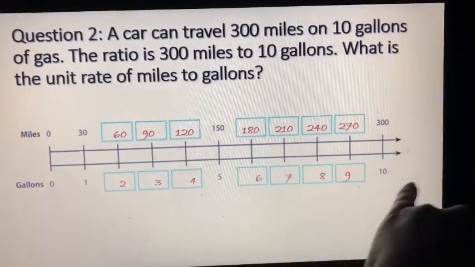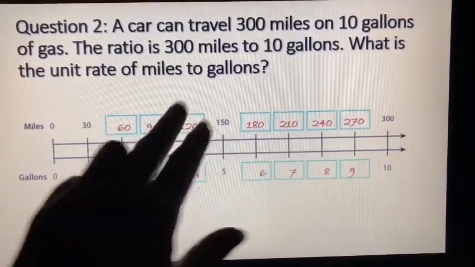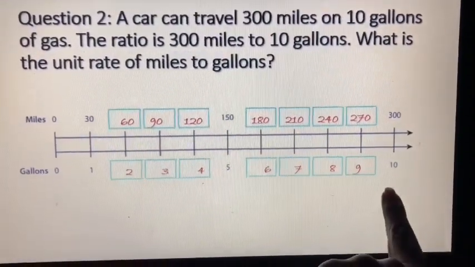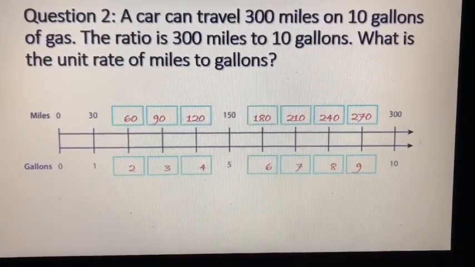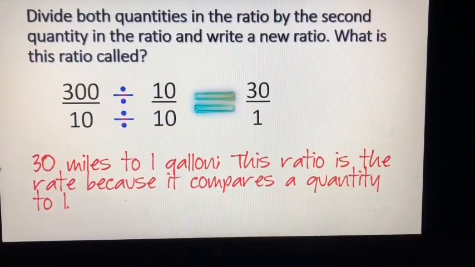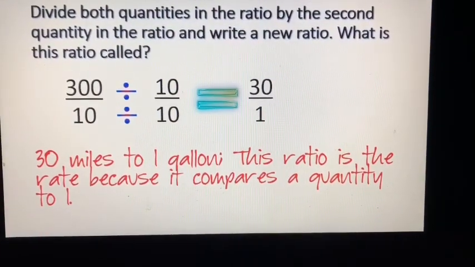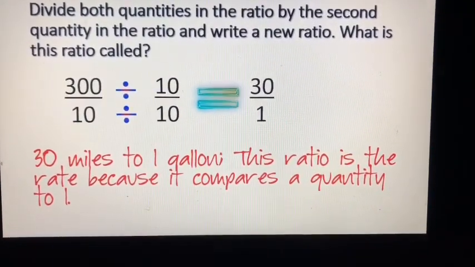So across the bottom, they divided each section and split it into the 10, which means we were dividing. Divide both quantities in the ratio by the second quantity in the ratio and write a new ratio.